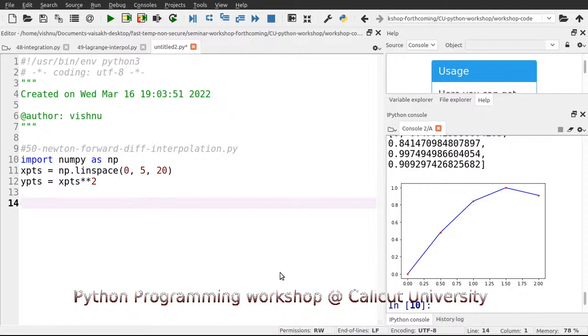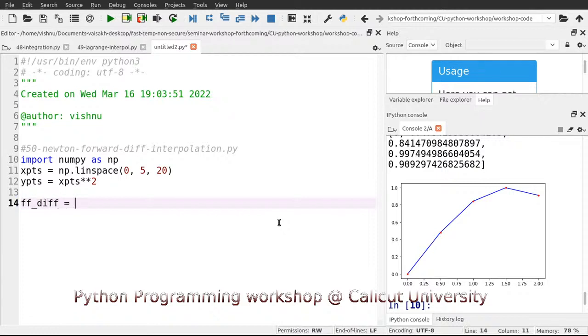Now we need to compute the differences. The first difference, second difference, third difference, etc. we need to compute. So compute the first forward differences.